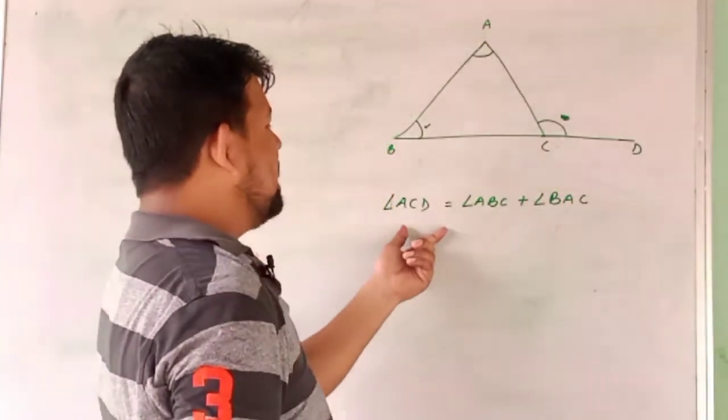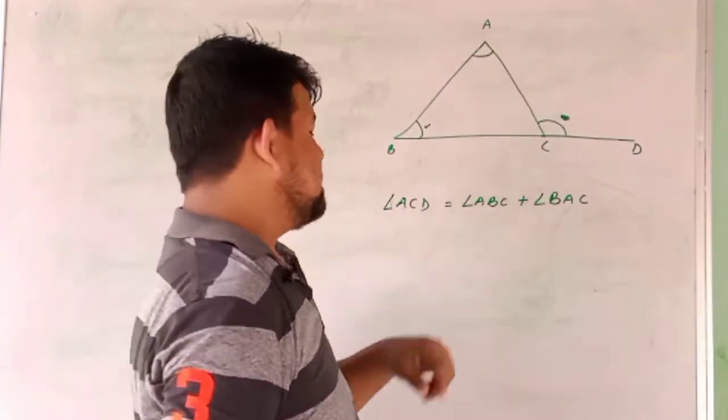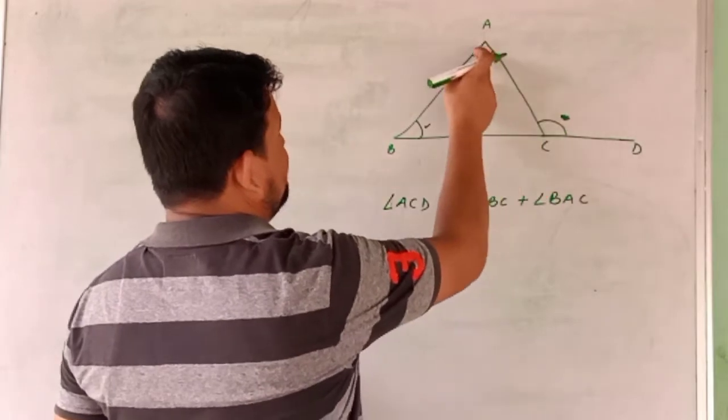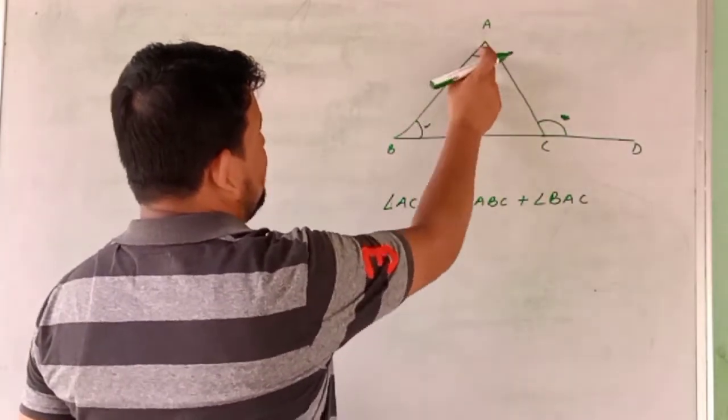So this is one property that you'll have to remember. This property is called: the exterior angle is equal to the sum of the two opposite interior angles of a triangle.